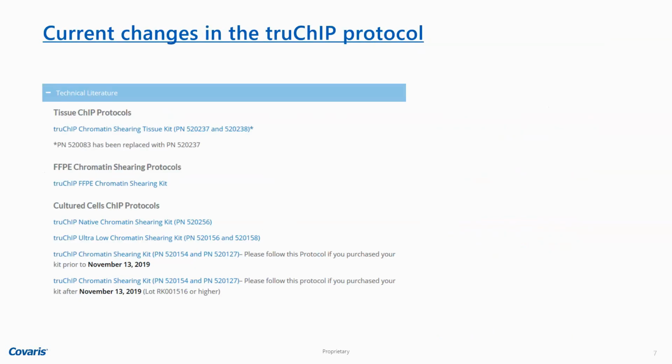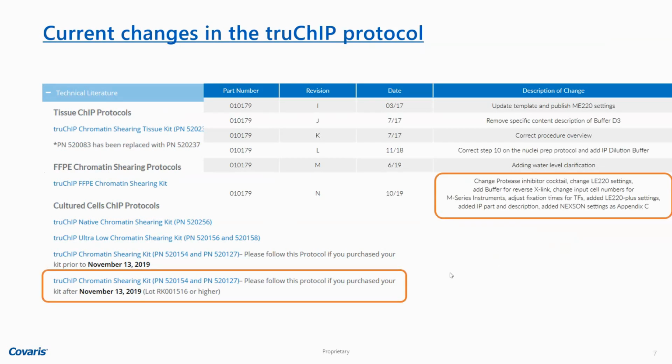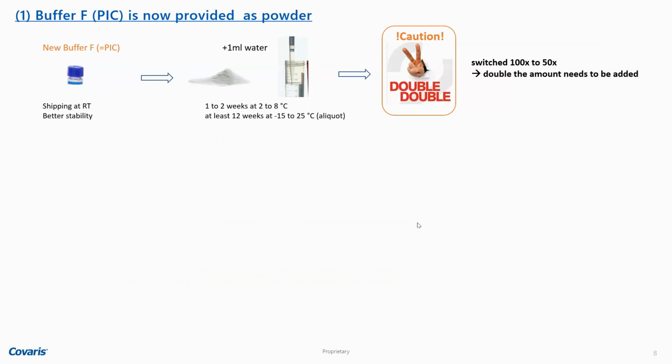If you go to our web page today, you will find for the TrueChIP protocol a version for kits purchased prior to November 2019 or after November 2019. And this one will give you the latest protocol. In the protocol on the first page, you will see all changes that we have implemented, but I will briefly go about them right now, and they are rather simple.